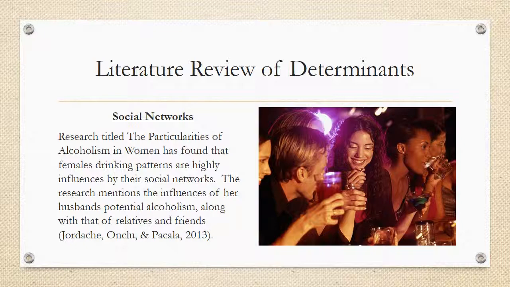It also noted that if a woman's husband is potentially an alcoholic, his drinking patterns may also influence the woman's drinking patterns, therefore leading her to drinking at levels that would continue on to indicate that she has an alcohol abuse problem.